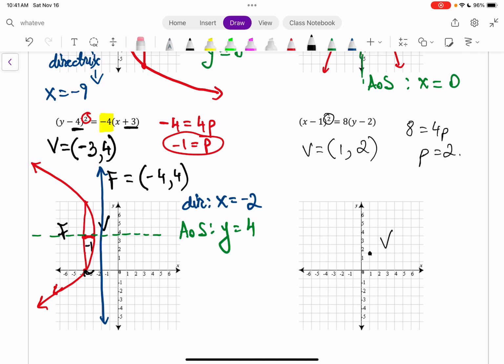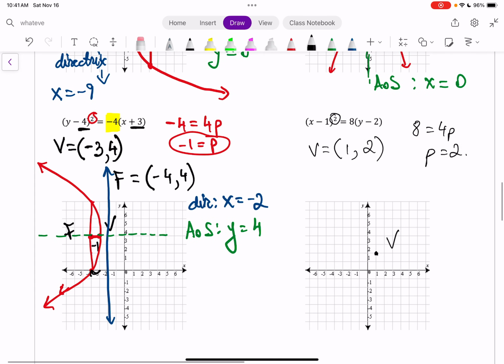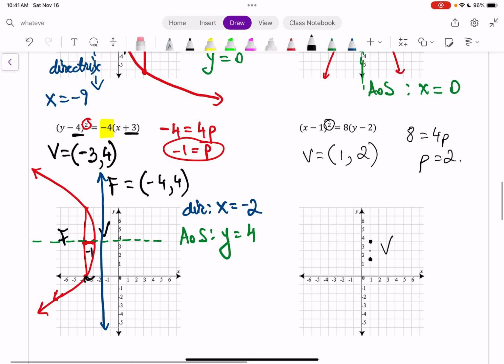That means it opens up and down. And because p is positive, I'm going to go up by 2 units to find the focus. And then this is twice as large, so 2, 4, and 2, 4 for a total of 8 units across.